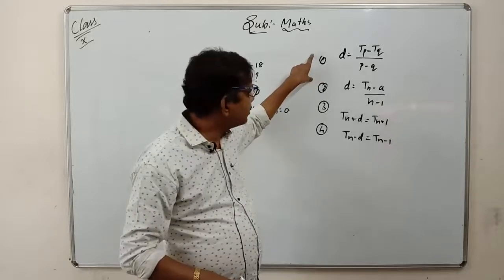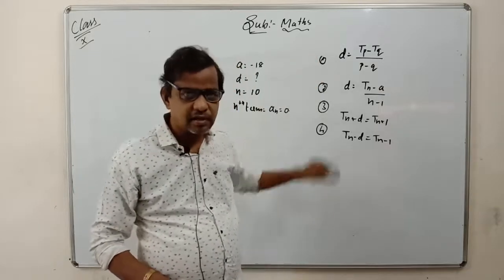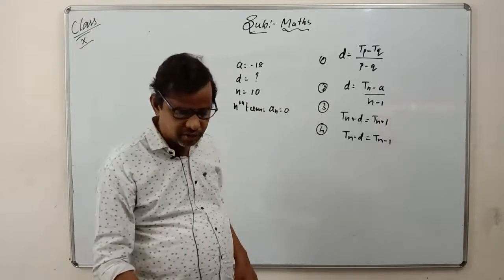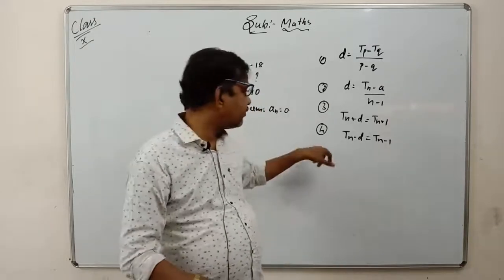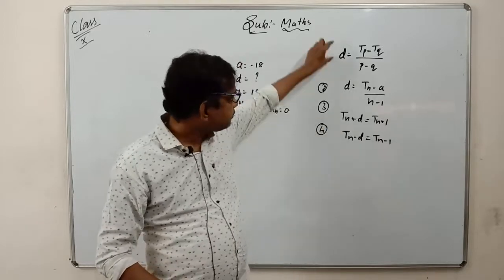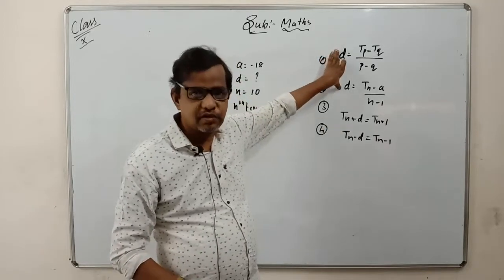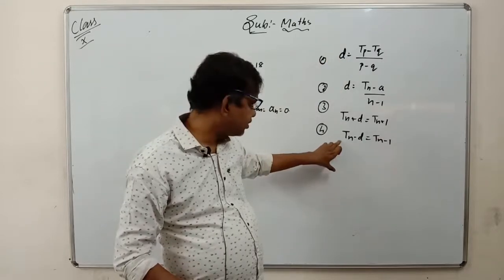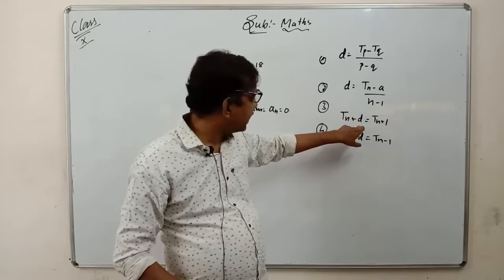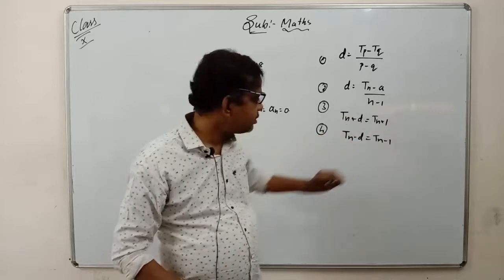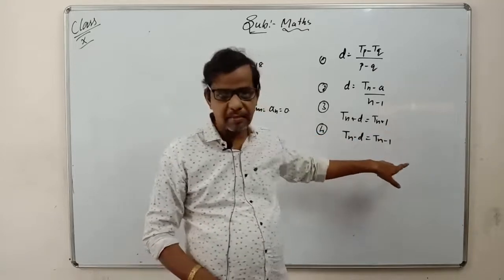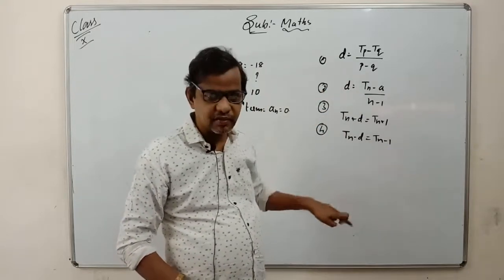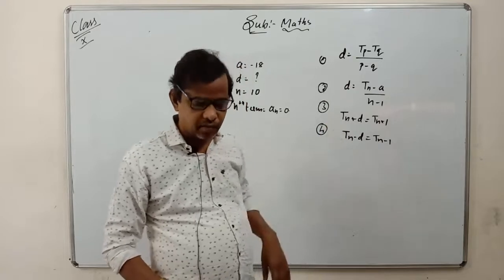Try to remember these formulae, so it will be helpful for you when finding the value of d. These two we use to find the value of d, and these also. So we have 4 totally. You copy this first, okay? We'll go with the other things.